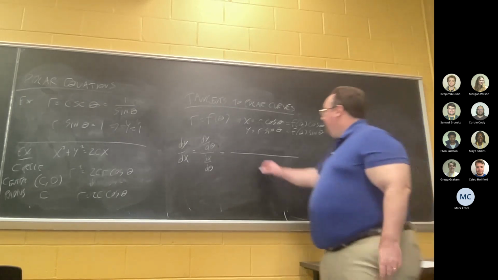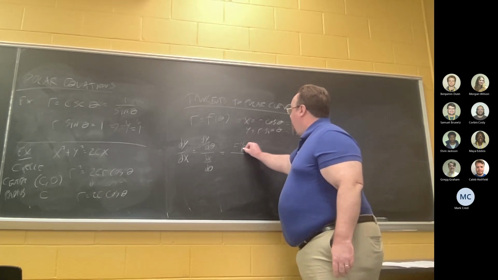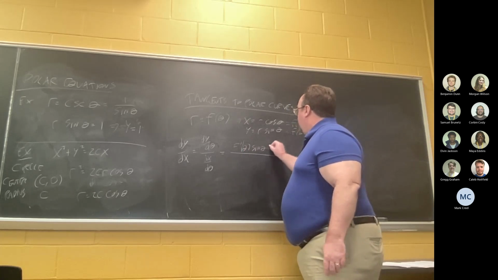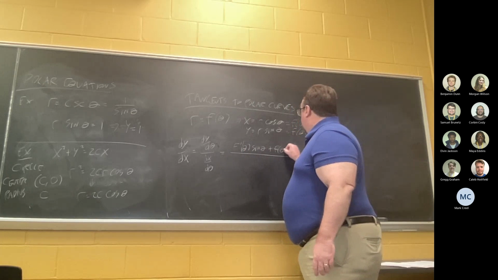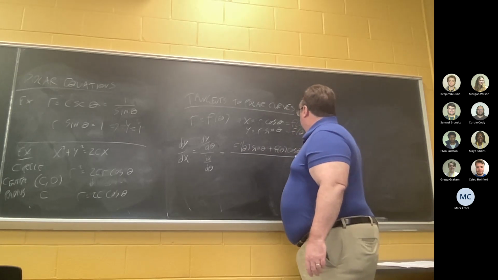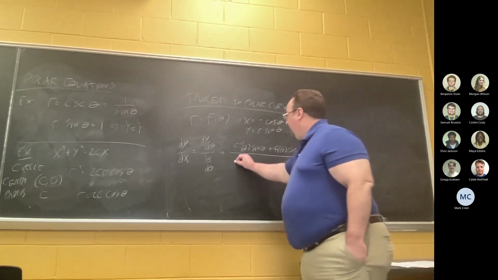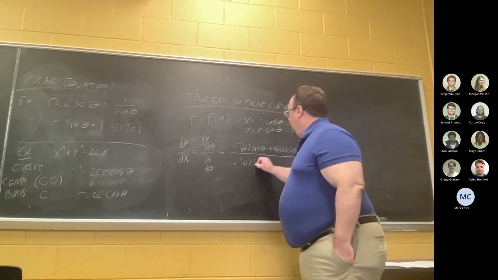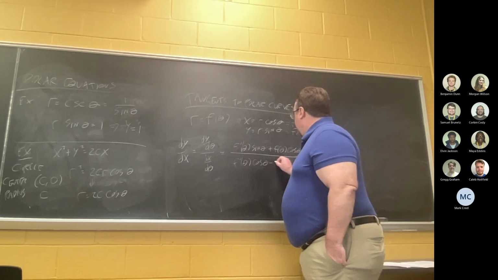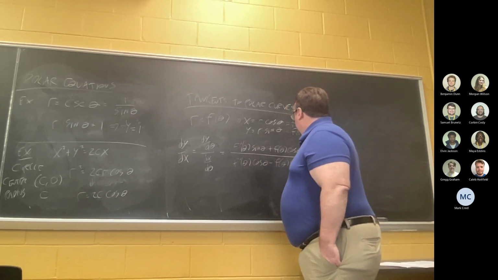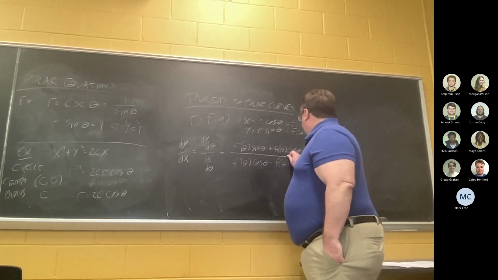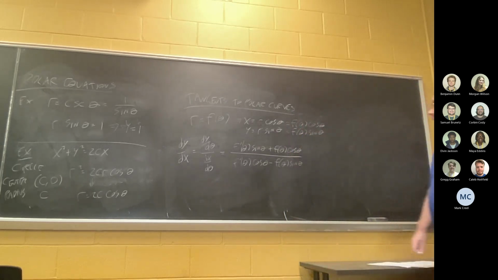So we end up with dy, f prime of theta sine theta plus f of theta cosine theta up top. And then down below we have f prime of theta cosine theta minus f of theta sine theta. So that's how you get the slope of the tangent to a polar curve.